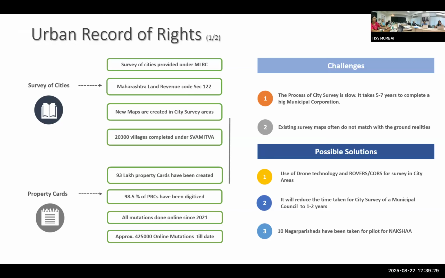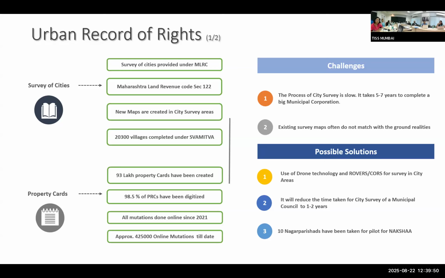Maharashtra is one of only six states, I think, along with five more states, which have their city survey manual. It dates back to 1920. The first city survey was done in 1924. As of now, there are various city surveys that are happening under various projects.